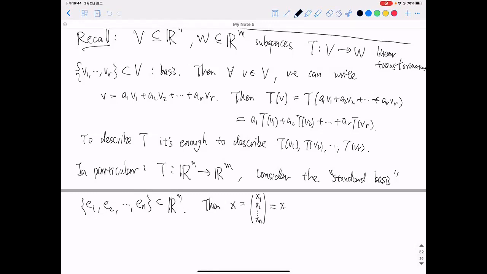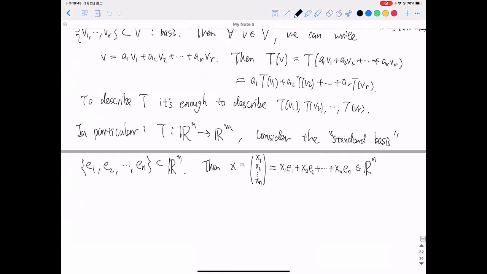And this is written as x1 E1 plus x2 E2 plus up to xn En, right? And T of x is the following.